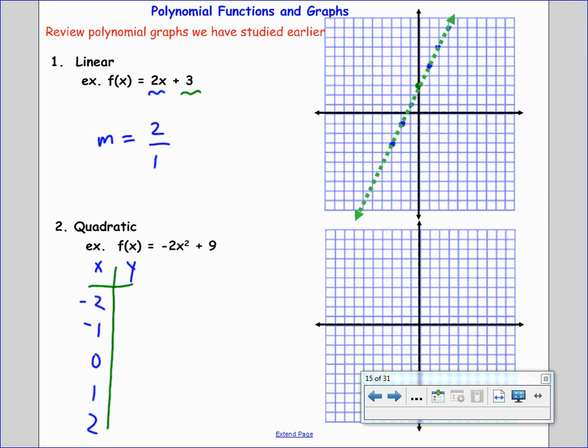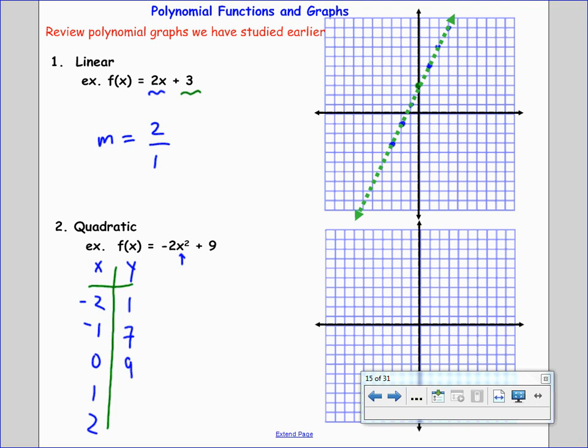-2 goes in for X. I square it first and get +4 before multiplying by the -2 up front. So -2 quantity squared is 4, times the -2 up front is -8, and then +9 is 1. -1 squared is +1, then times the -2 is -2, plus 9 is 7. 0 squared is 0, times the -2 is still 0, plus 9 is 9. 1 squared is 1, times the -2, and then plus the 9 again is 7.